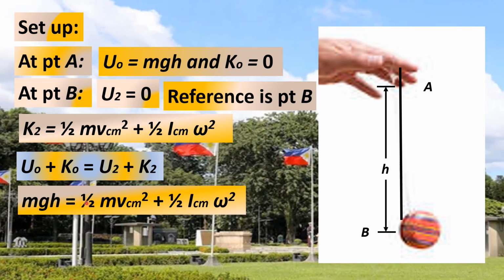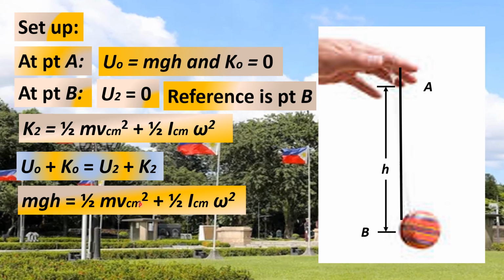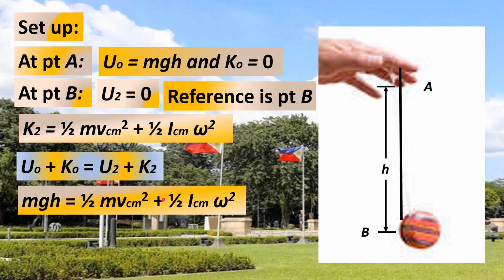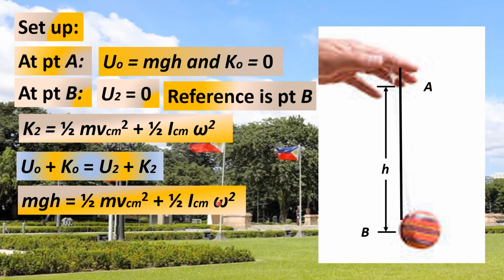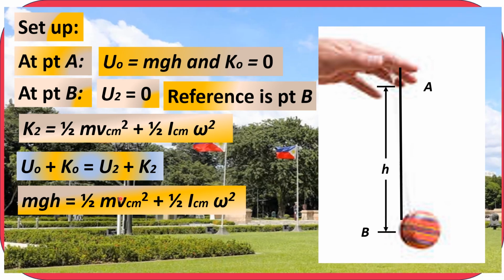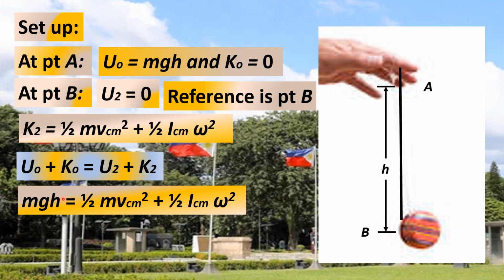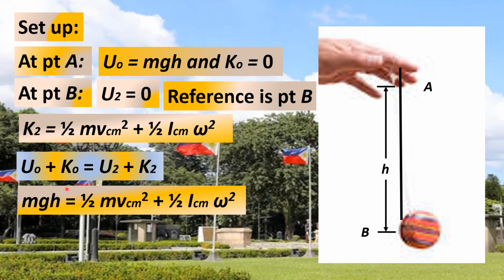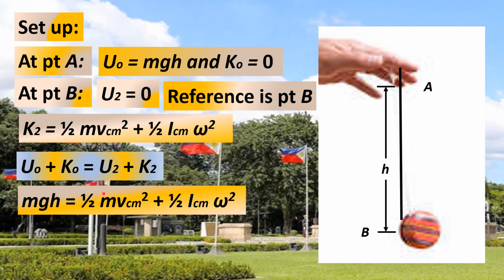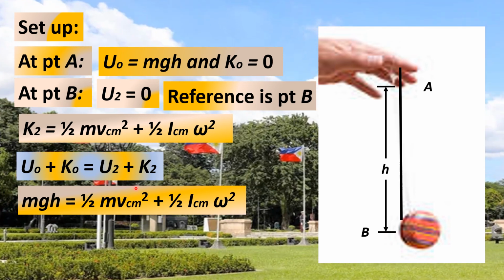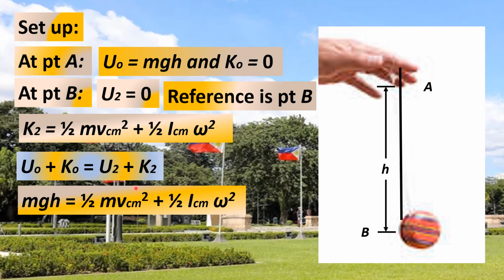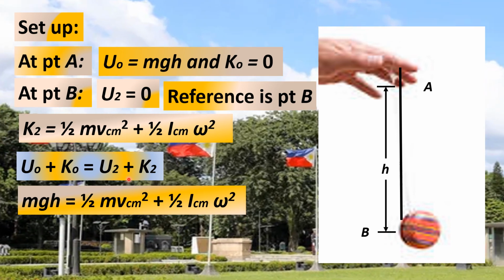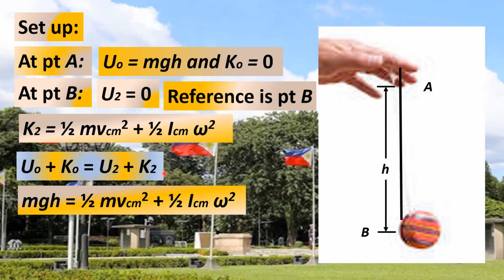So, this will be equated to the sum of the translational kinetic energy and the angular or rotational kinetic energy: 1 half mass times the square of the speed of the center of mass of the yo-yo plus 1 half times the product of the moment of inertia of the yo-yo and the square of its angular speed, omega squared.